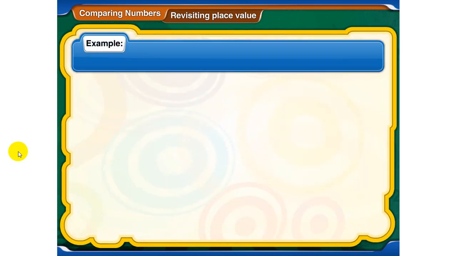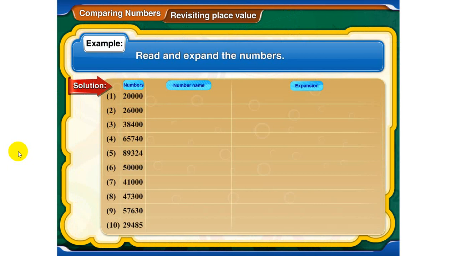Example: read and expand the numbers. Solution: 1. The given number is read as 20,000 and expansion is 2 into 10,000. 2.